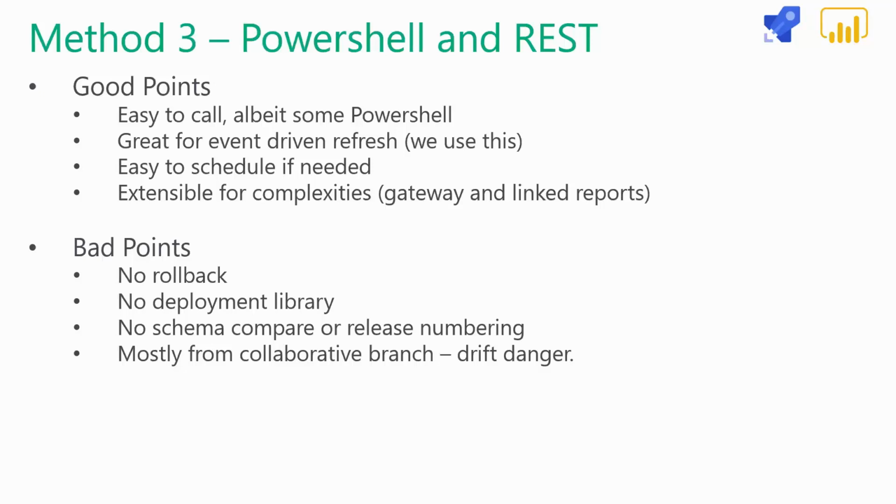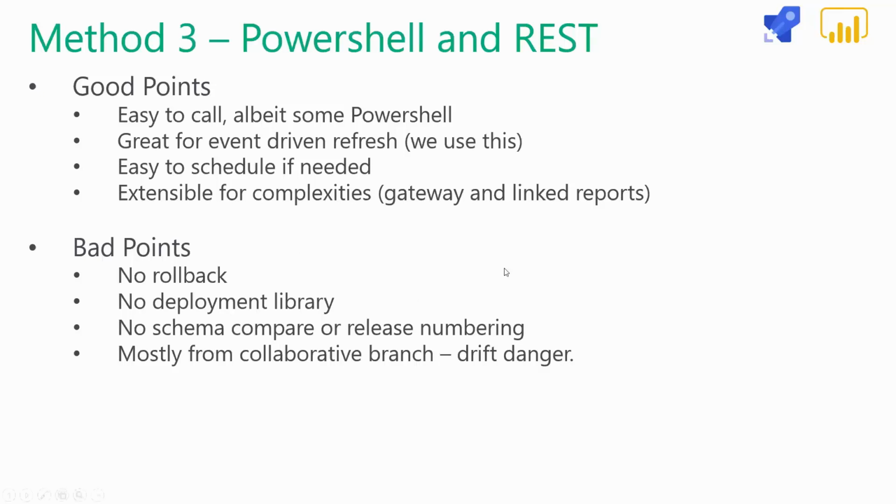Whereas it's nice if the release takes care of that for you. And there's no rollback. If I push a report using PowerShell, I can't change my mind after I've done it, right?